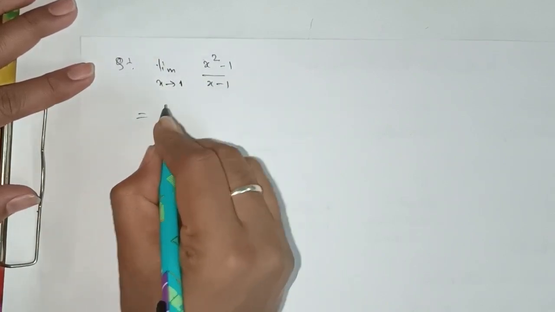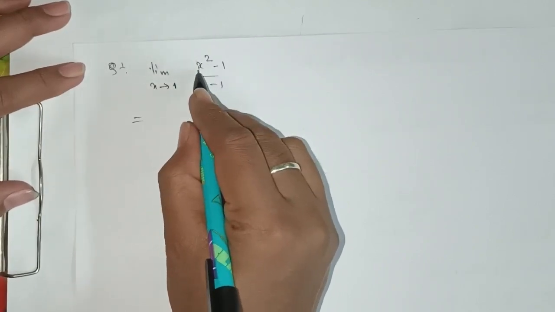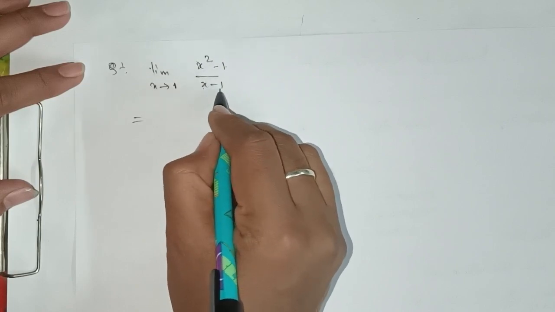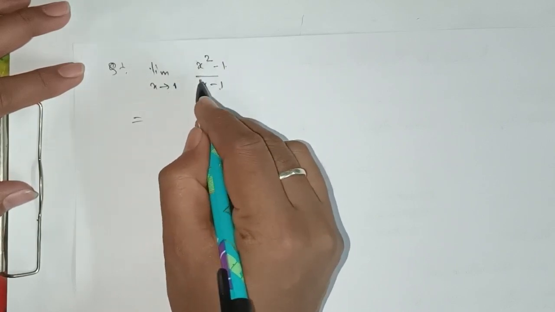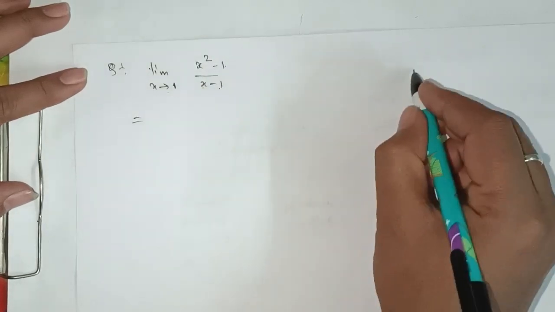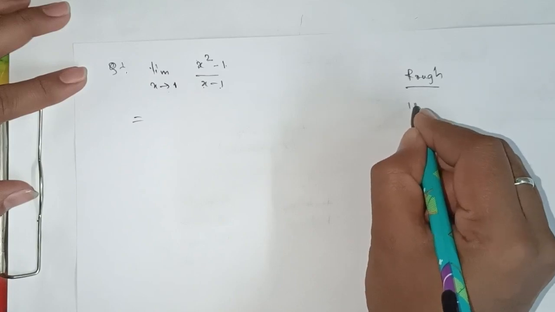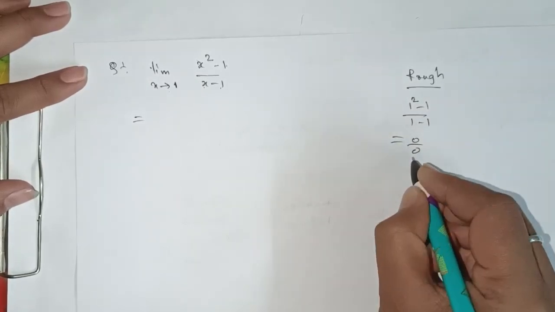So use the substitution method directly. Now you substitute here: 1 square minus 1 gives us 0, and 1 minus 1 is 0. If we substitute directly the value 1, you will get 0 by 0. Generally we first do rough work here, that is 1 square minus 1 by 1 minus 1, and we get 0 by 0.